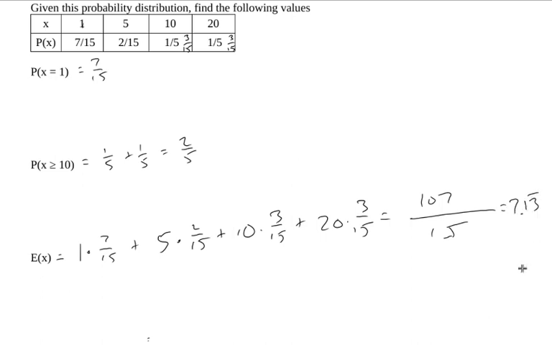So the expected value, if I reach into my wallet and I draw a bill out, my expected value is 7.13 repeating. Do not let the fact that there is no $7.13 bill in your wallet be a problem here, because this is, like I said, an average. It is the expected value.